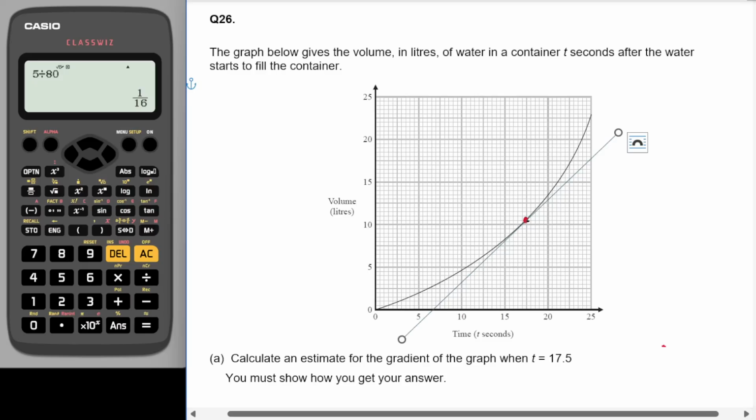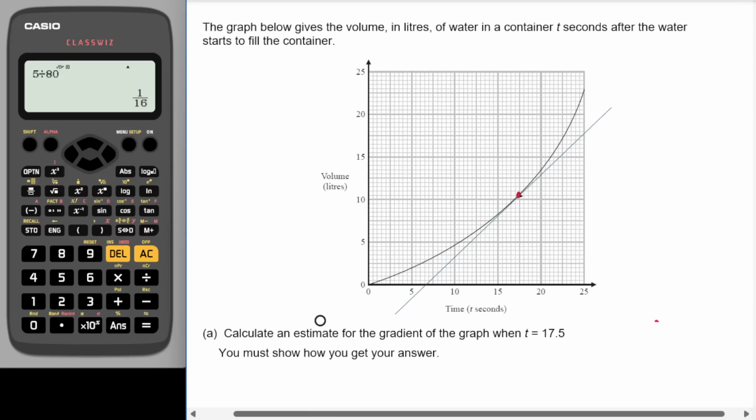Okay, so I need to work out the gradient of that then. So that's going to be the change in y. And I'm going to take a nice largish triangle here. So the change in y is 17.5.